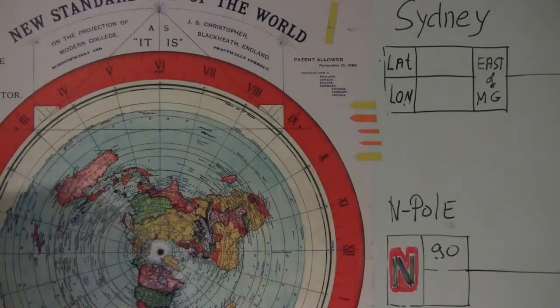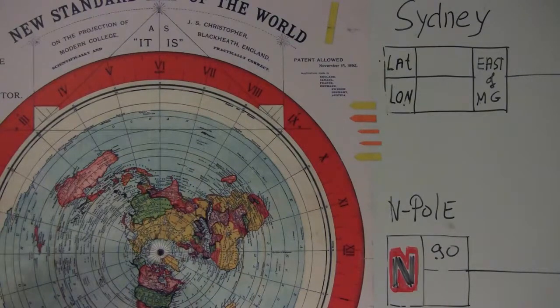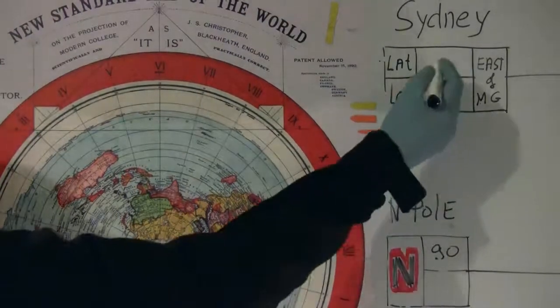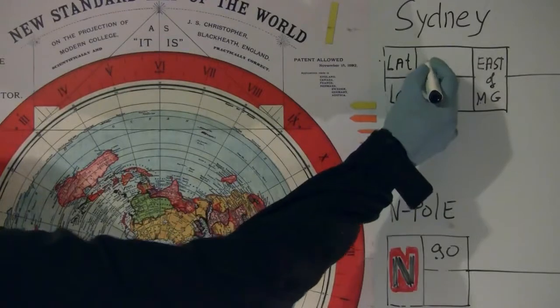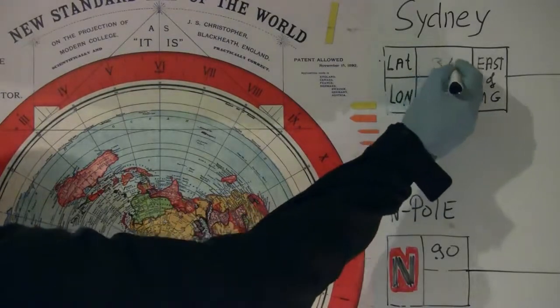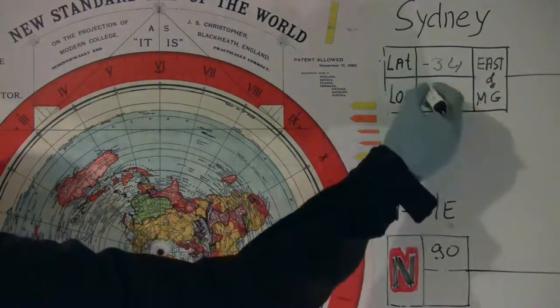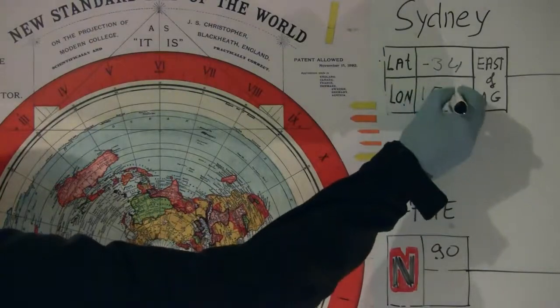In the first part of our video, I showed you how to find the coordinates for Sydney. We measured them and pinpointed Sydney, and we found the location, the coordinates 34 and 151.